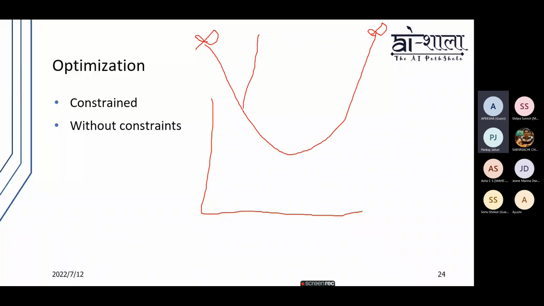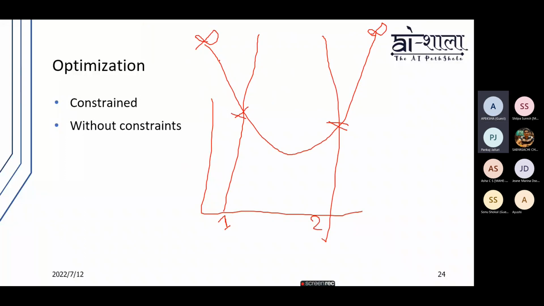Now I will apply a constraint. This is the constraint. I will say between x equals 1 and x equals 2 only, you have to find the maximum. So you would say, okay, this point is the maximum point and this point is the maximum point, right? So what is a constraint? You are putting constraints on your function so that between those constraints you have to find the maximum or minimum value of the complete function.